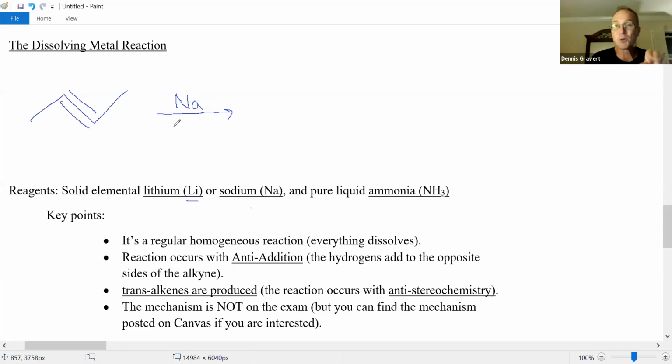And then you have to cool ammonia. Pure ammonia is a gas at room temperature, but use some dry ice to cool it down so it liquefies, and that's your solvent. And it turns out when you put metallic sodium or lithium into ammonia, the little chunk of metal starts to dissolve. That's kind of cool.